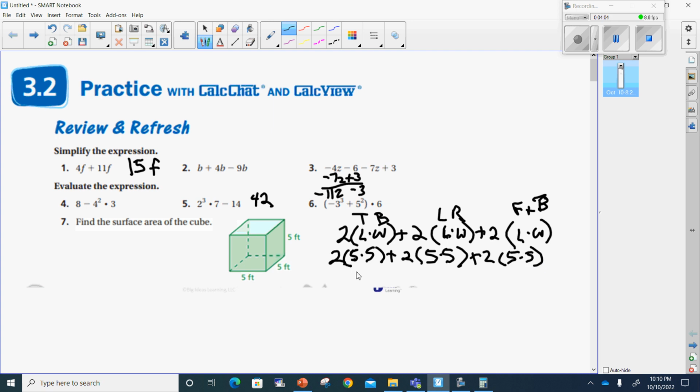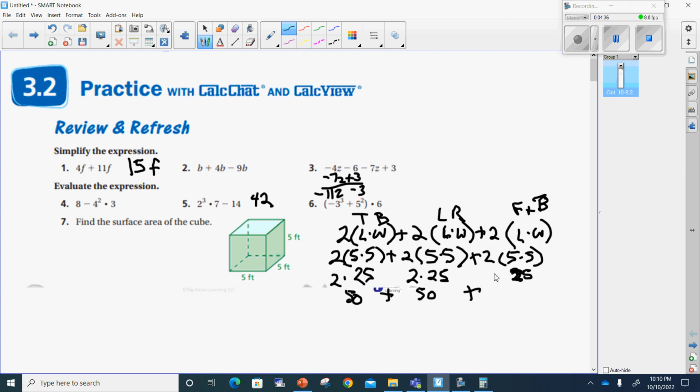I know 5 times 5 is 25, so each of these are 25. And we're multiplying them by 2, so that's going to be 50. Plus 50.